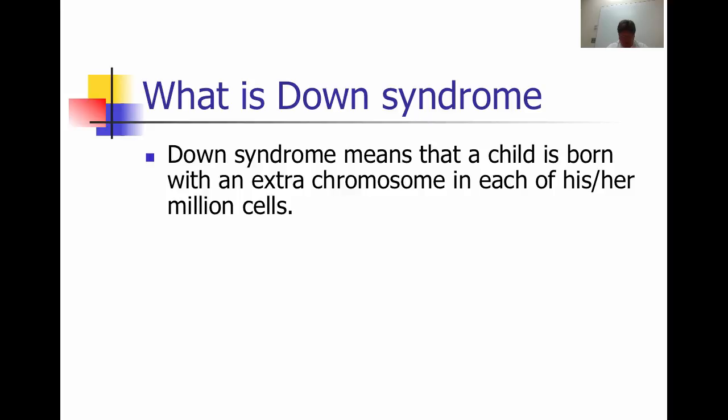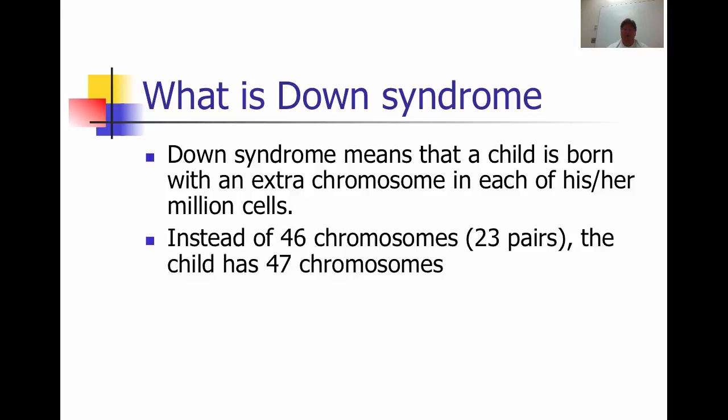When the sperm and ovum join during conception, each contributes its 23 chromosomes to form a new individual whose cells will also contain the usual 23 pairs of genetic material. So, without going into too much biological detail here, something happens whereby there's an additional chromosome.